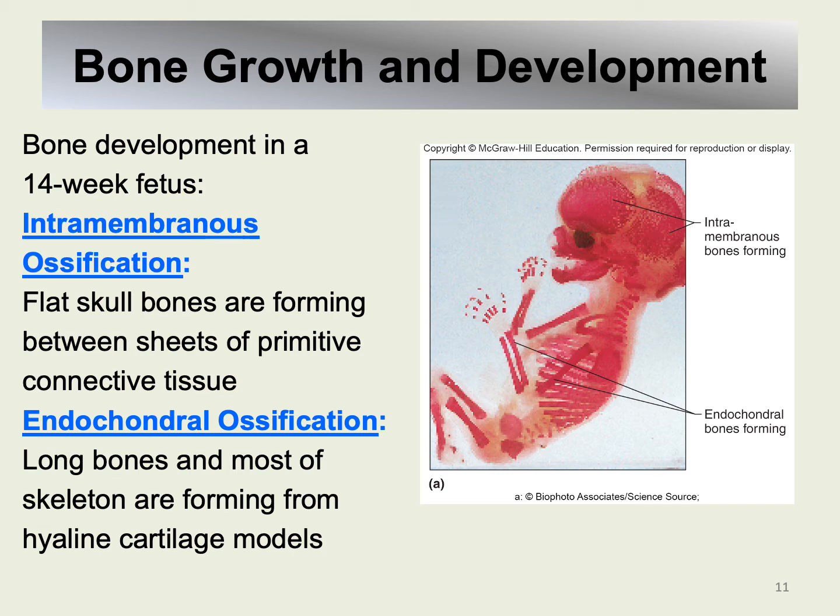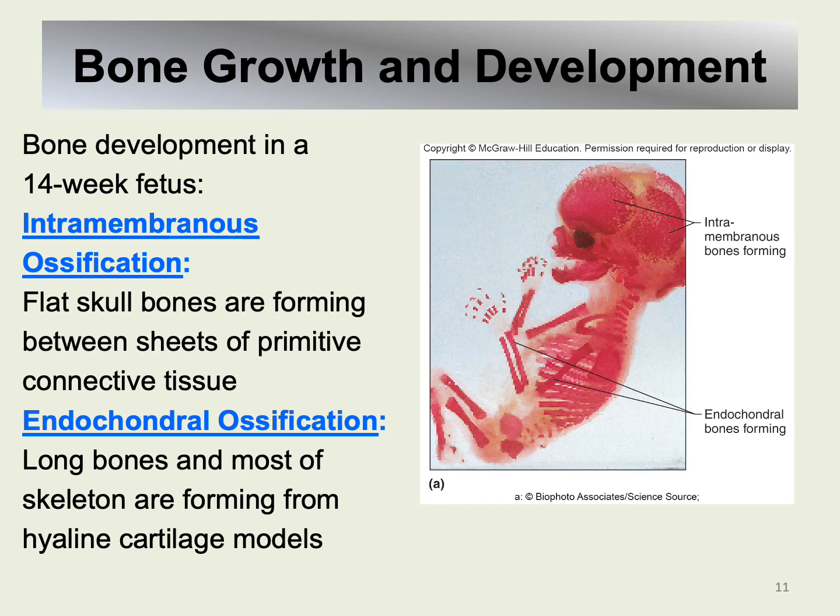So there are two types of ossification, or bone development: intramembranous and endochondral. In intramembranous ossification, mostly the flat skull bones are formed between sheets of primitive connective tissue, and we call them intramembranous bones.